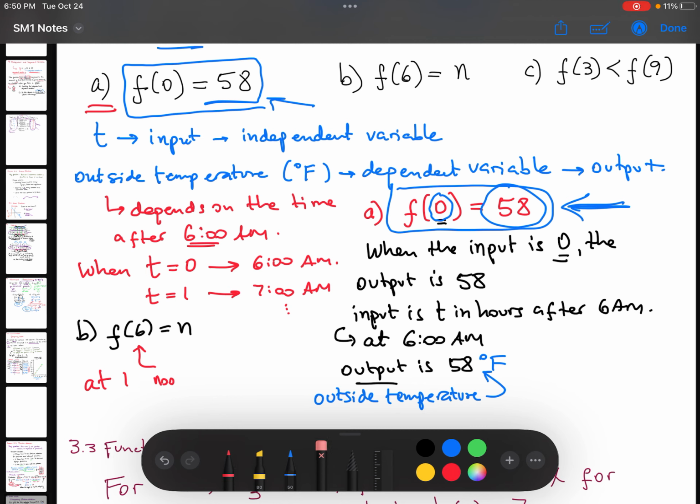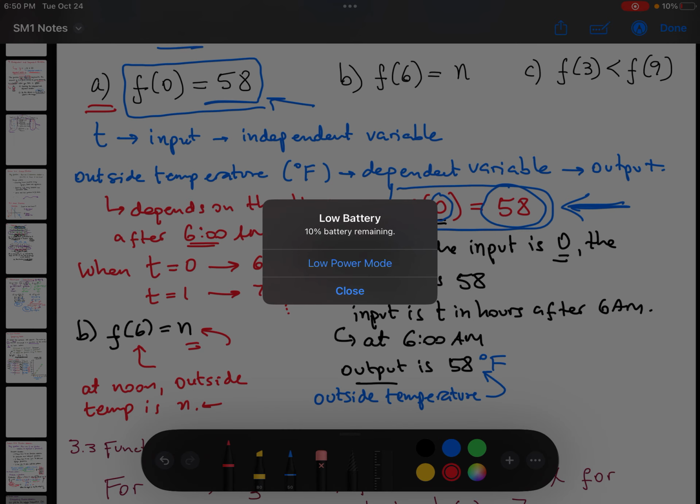Let me just rephrase this. So at noon, the outside temperature is N. We don't know it. It's just a certain value. That's it. That's all I can say.